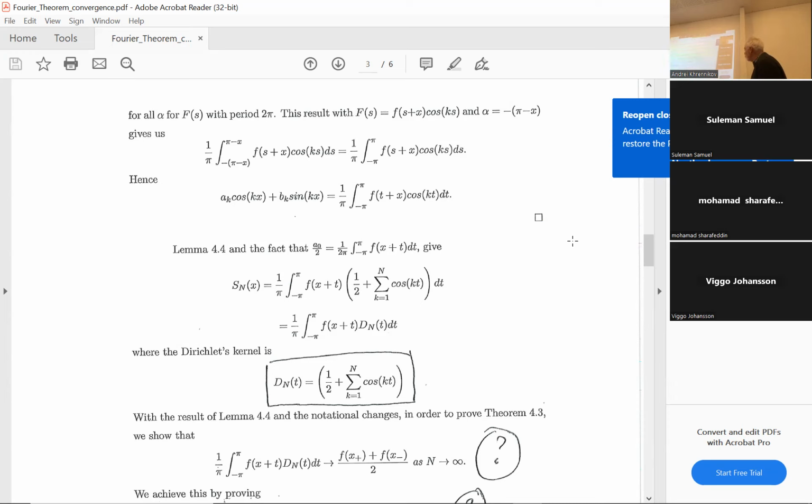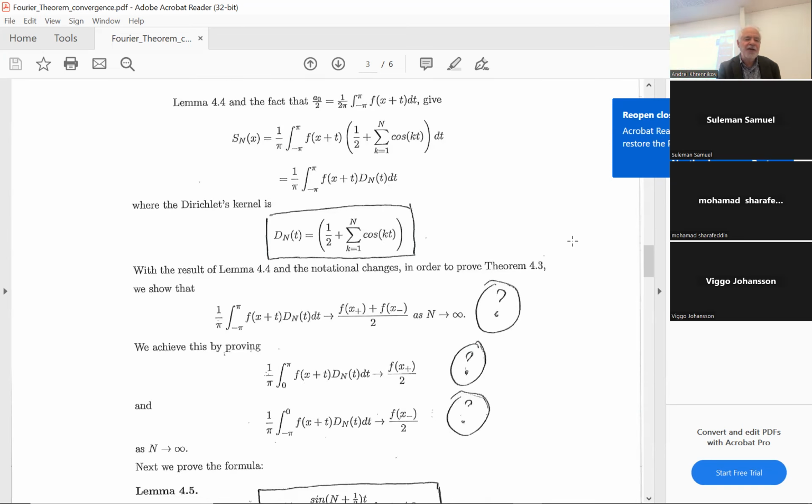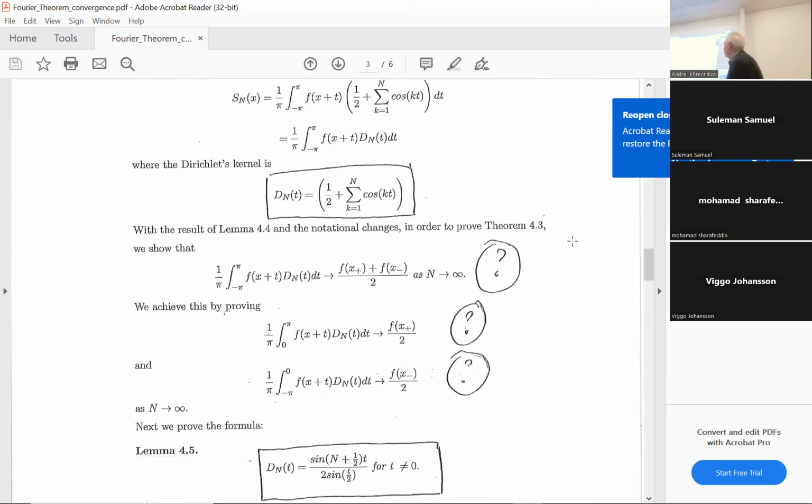Okay, so this is the Dirichlet kernel. And what is claimed? It is claimed that now we can write our partial sum as an integral with respect to the Dirichlet kernel. So this is precisely S_n(x). This integral is a partial sum of the Fourier series. Now they claim, this is not proved yet, that this integral goes to what we want.